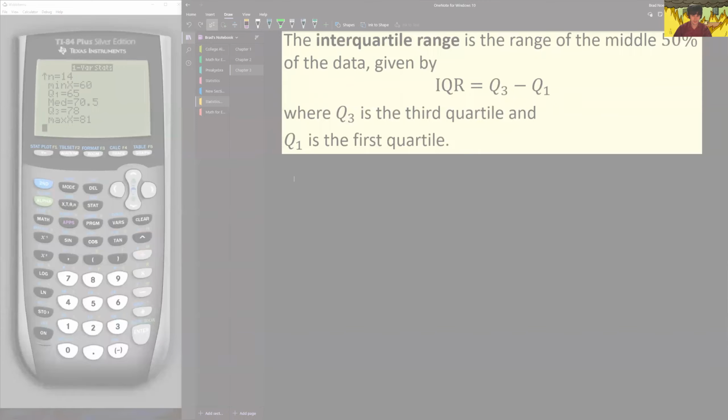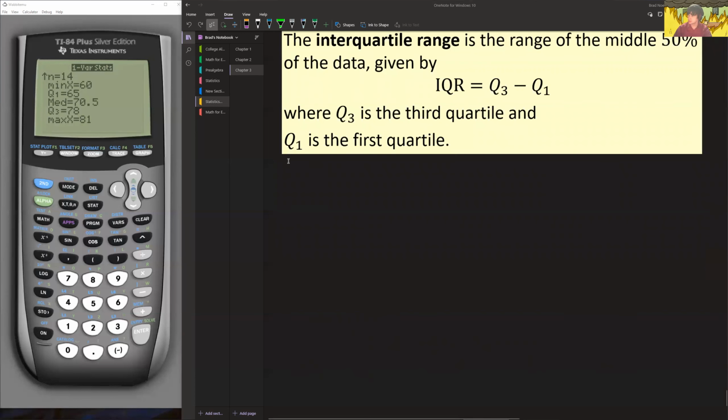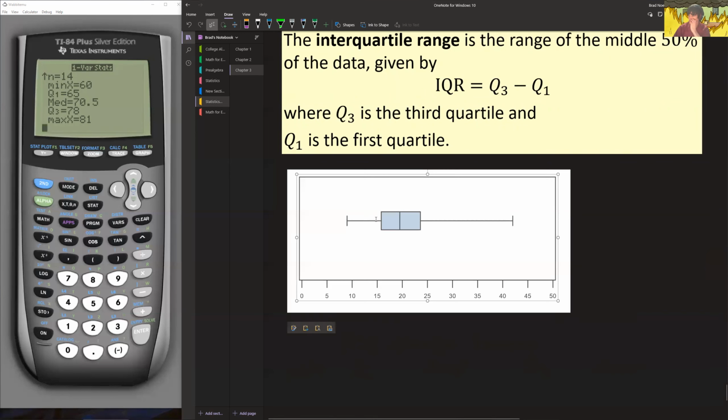I'm just copying this straight from my notes. Now, if I take a look here, my 5-number summary is actually visible on this box and whisker plot.